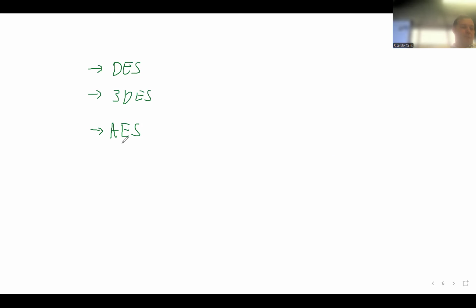These have certain characteristics, like block sizes and key sizes. Just to give you an idea, something like DES and triple DES would use something like 64 bits for the block.